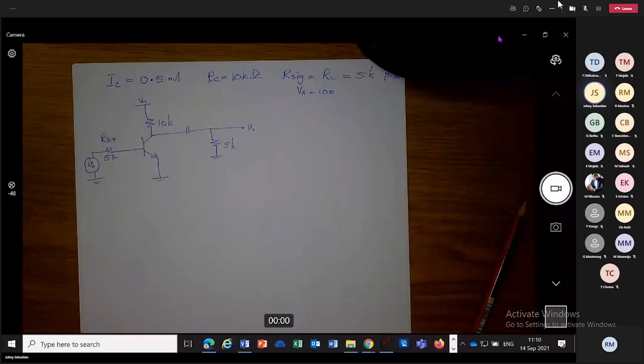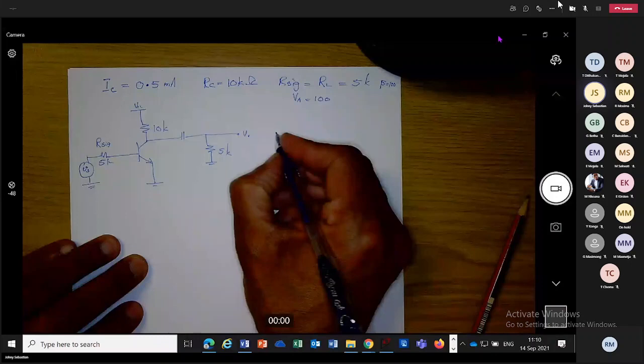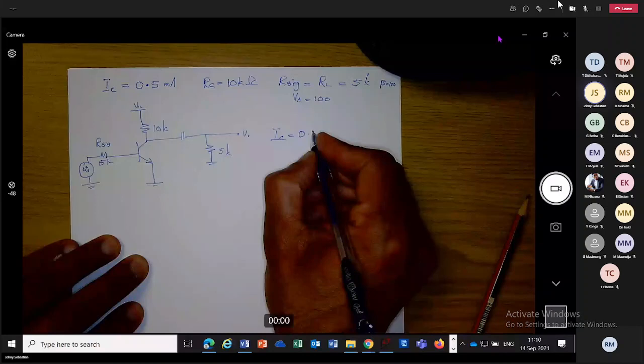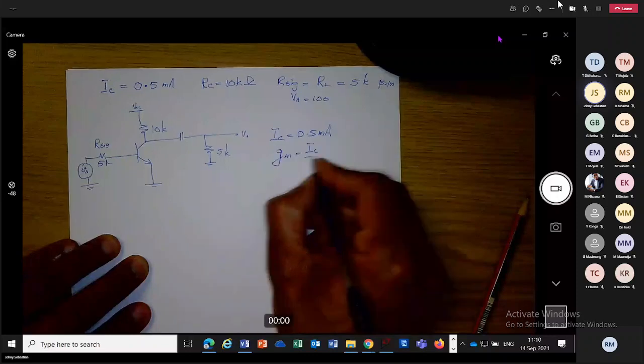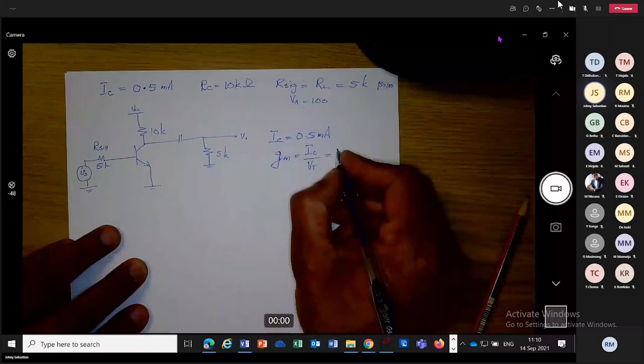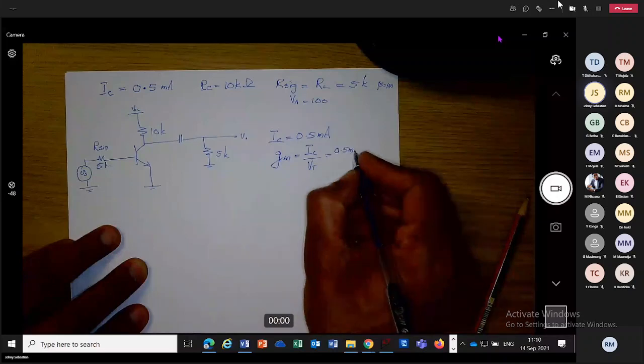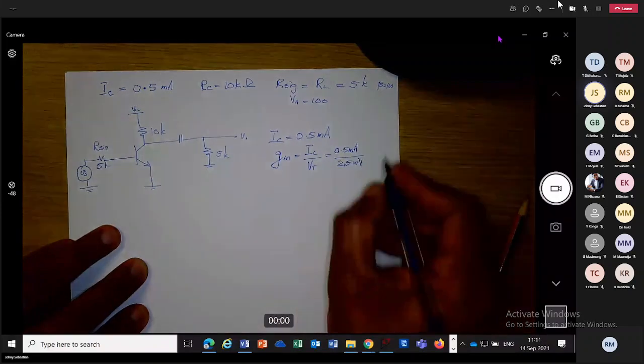IC is 0.5 milliampere. Now you can find gm is IC over VT, 0.5 milliampere over 25 millivolt. What's the answer?